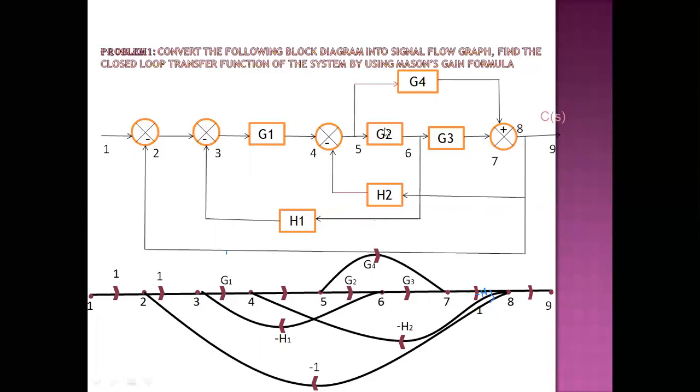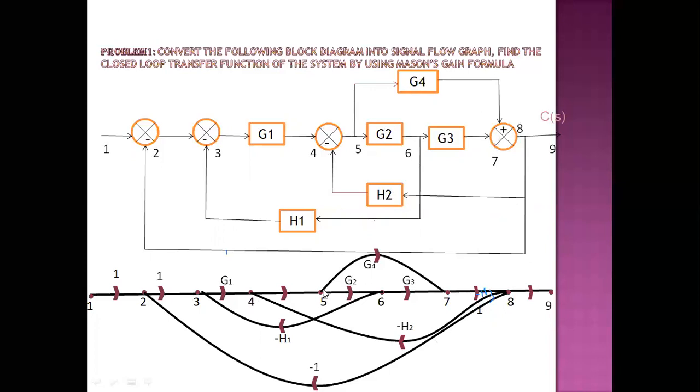Then I move on to summing point 4. I connect this summing point through the feedback gain H2 to 8. So I have connected 4 and 8. Then I have taken the branch point 5, which is connected to summing point 7 through gain G4.